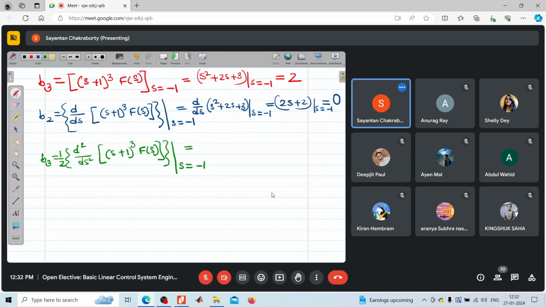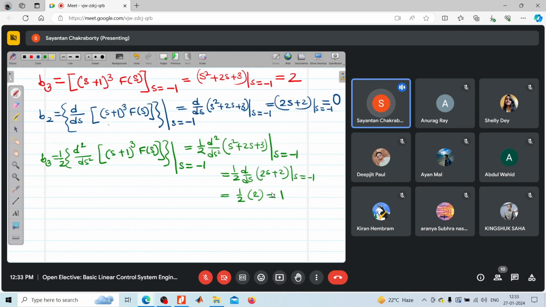And what about this? This will be 1 by 2 d2 by ds square of s square plus 2s plus 3 calculated at s equal to minus 1. That is 1 by 2 d by ds of this, that is half, d by ds of this is 2, that is equal to 1. So these are the three.